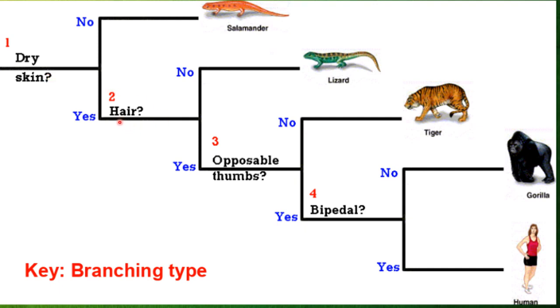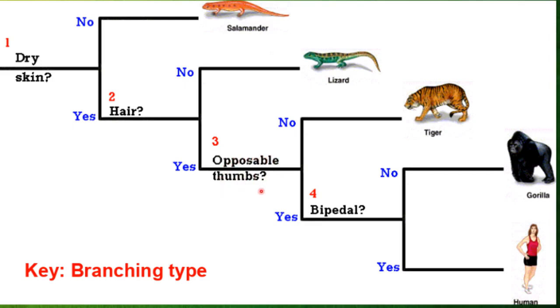So look here now, in this lead also one of the contrasting characters will be chosen. If hair is not present, then it can be a lizard. If hairs are present, then again a lead will be required here. And what is that lead?